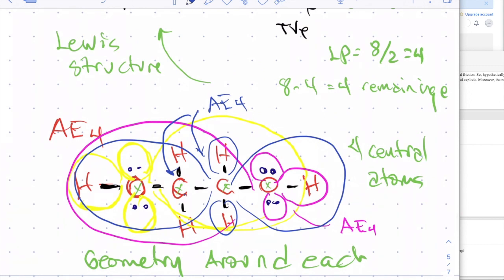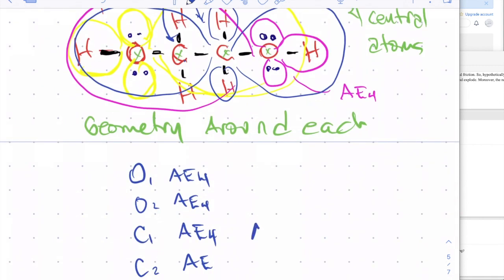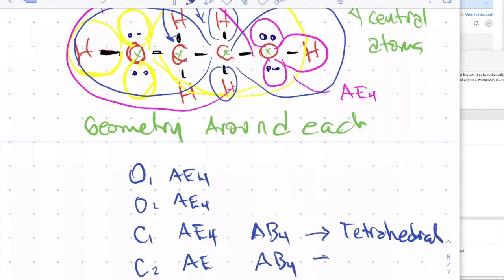This particular carbon is going to be AB4 tetrahedral. This carbon is also AB4 tetrahedral. These 2 oxygens, however, are AB2E2.